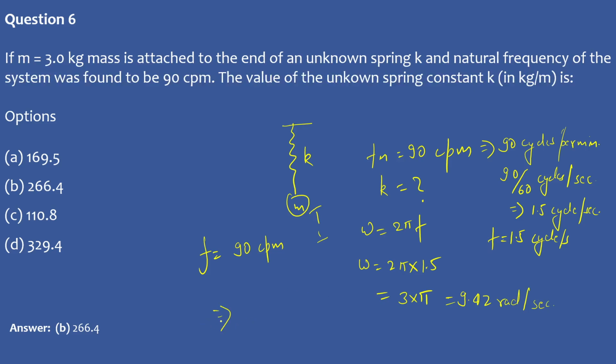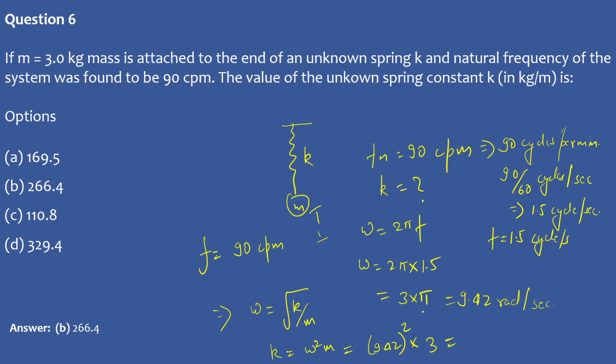Then our task is to calculate the k value. We know omega is given by root over k by m for a system vibrating with a certain natural frequency. So you need to evaluate k. k is basically given by omega square m. Omega square is 9.42 square, and your mass you need to take in kg, which is 3.